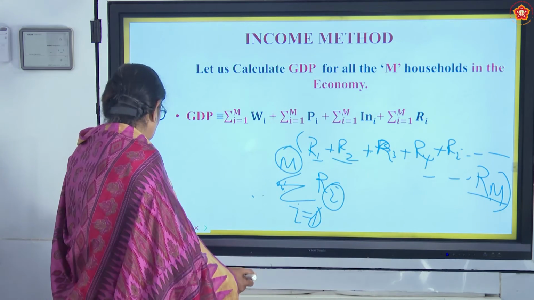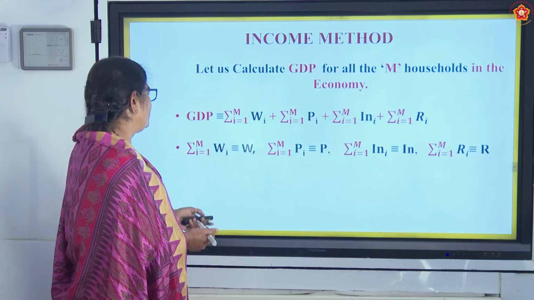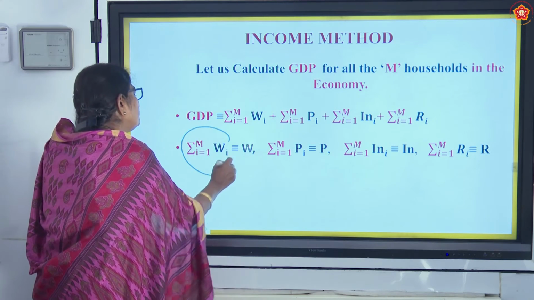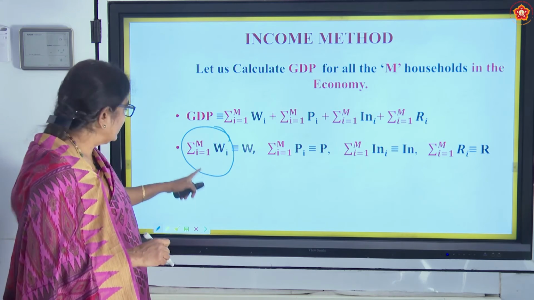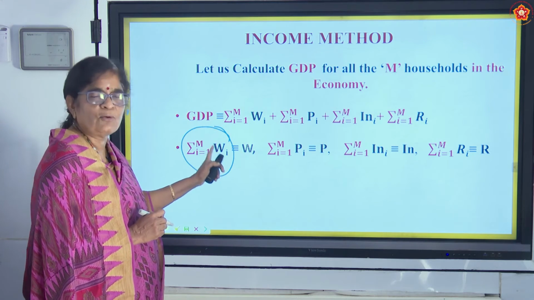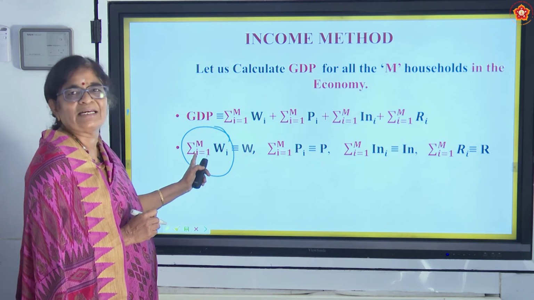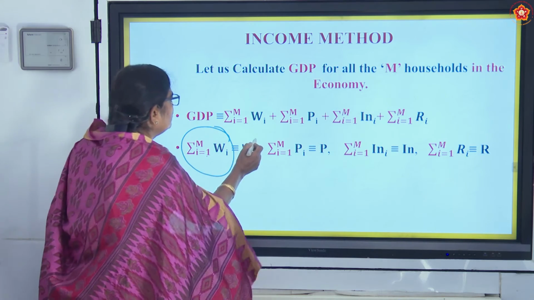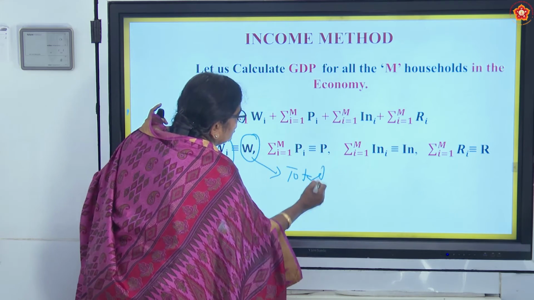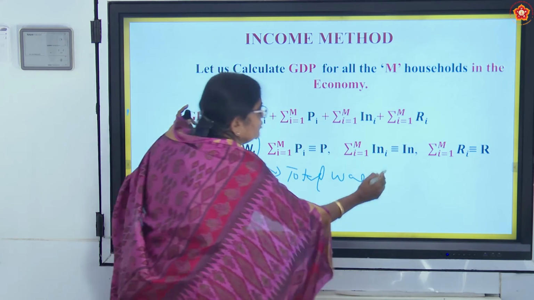Therefore, Ri. Understood? Therefore, for the final one, how can you write this? You added all the M households together, from i equal to 1 to M, all the individual household wages you have added. That is the total wage received by the economy.